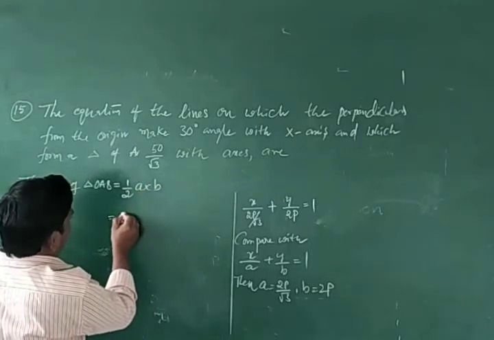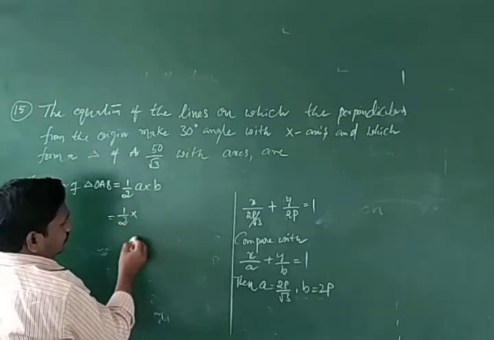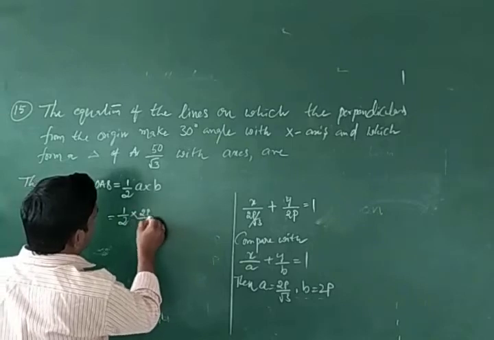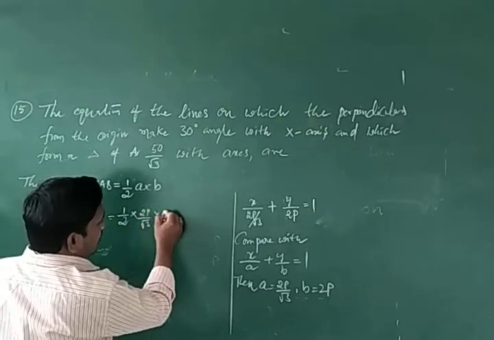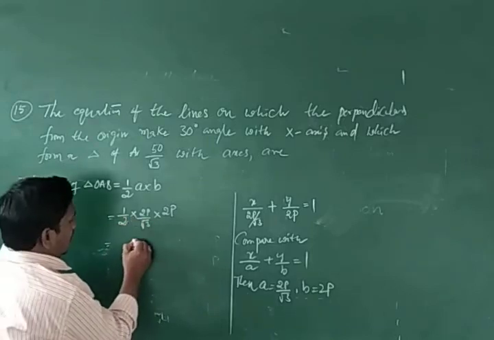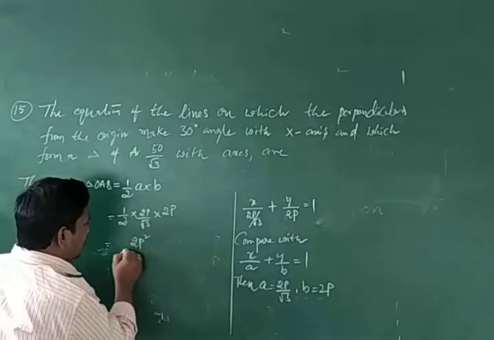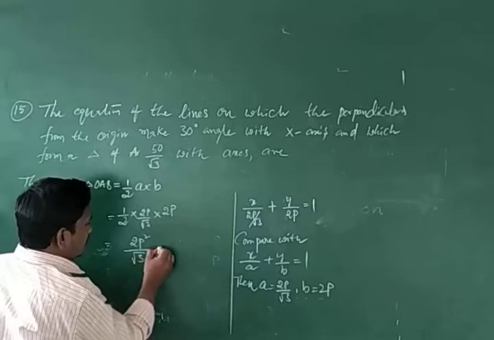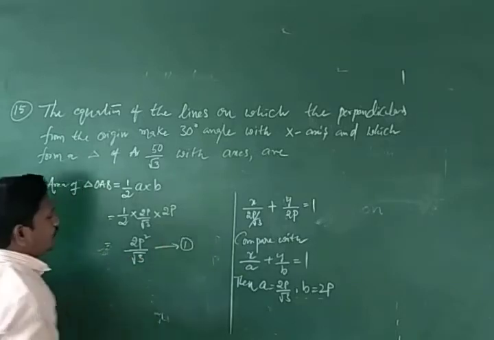We got the values of a, 2p by root 3, and b, 2p. 2 cancel, and 2p square by root 3. This is 1. Okay.